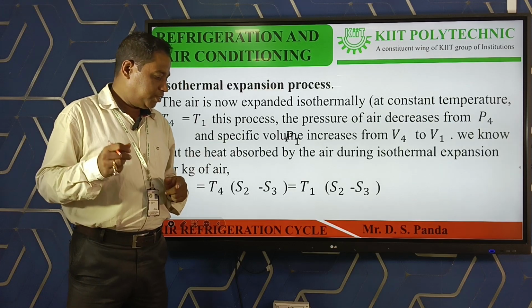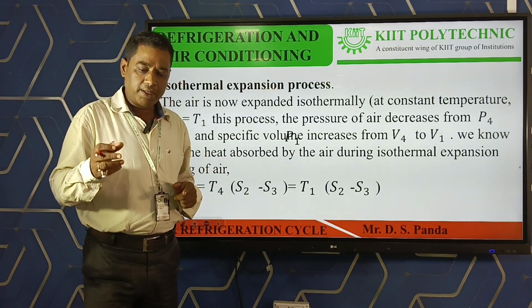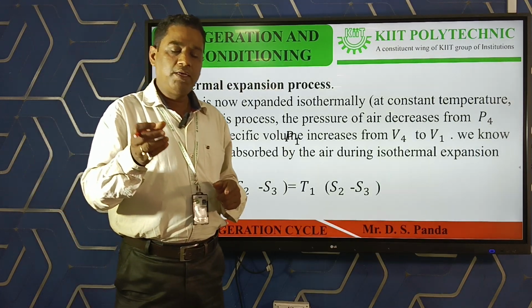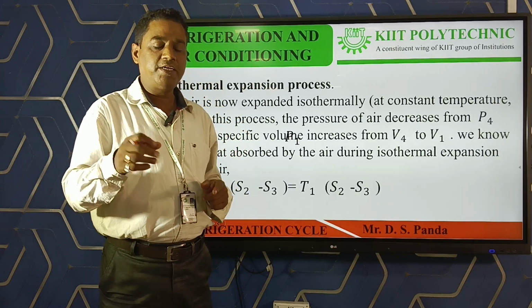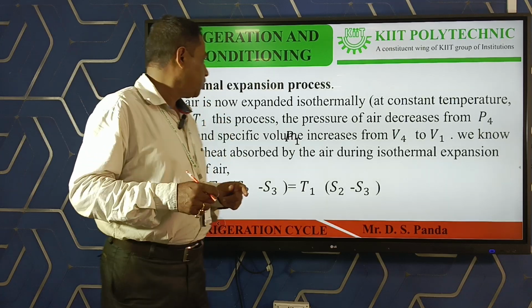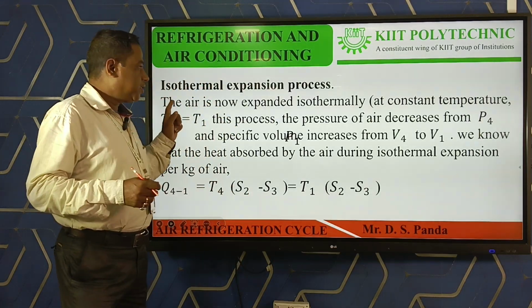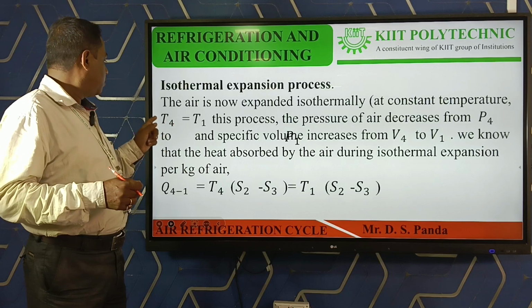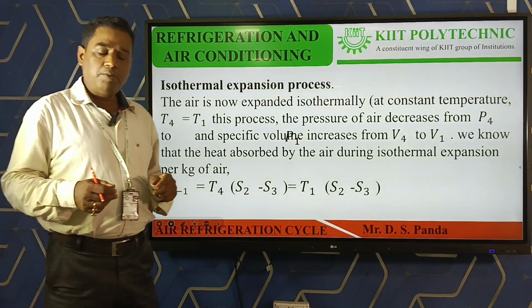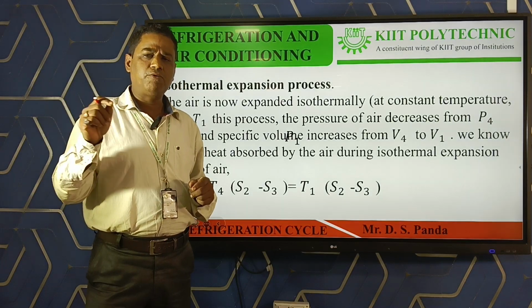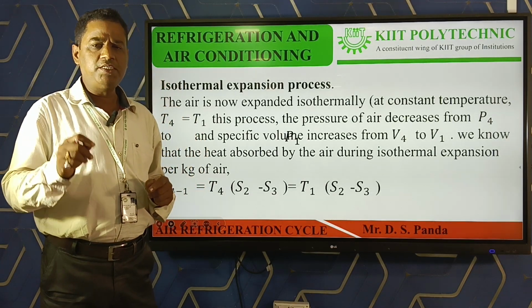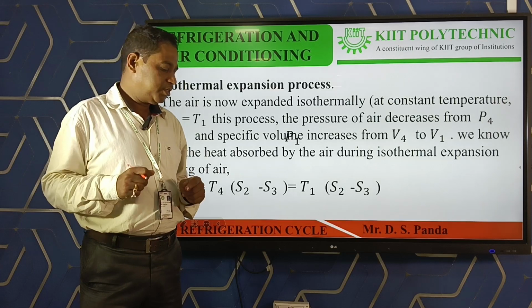The device is known as the evaporator, where the actual heat is taken, or we can say the refrigerating effect is produced. In this process, 4 to 1, the temperature is constant. T4 is equal to T1 as it is an isothermal process.